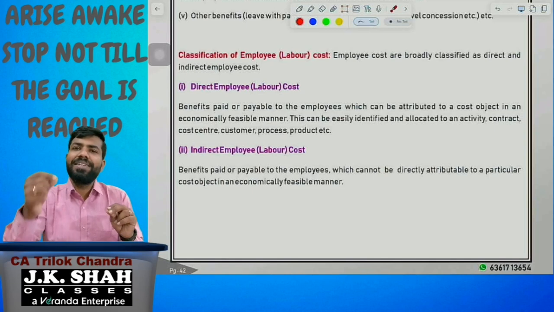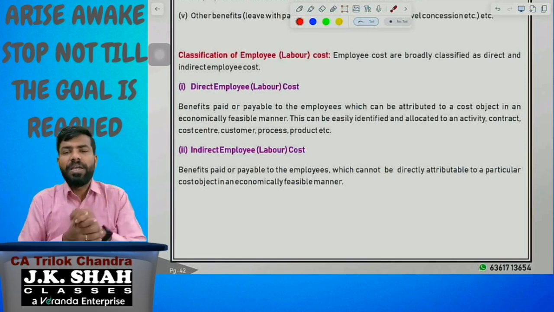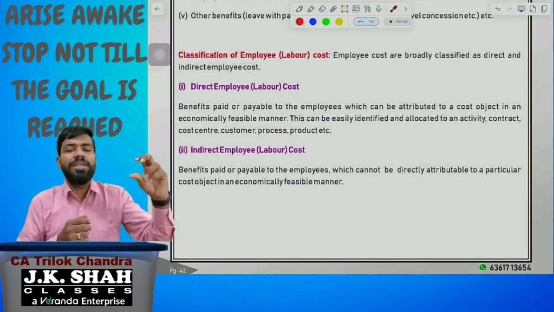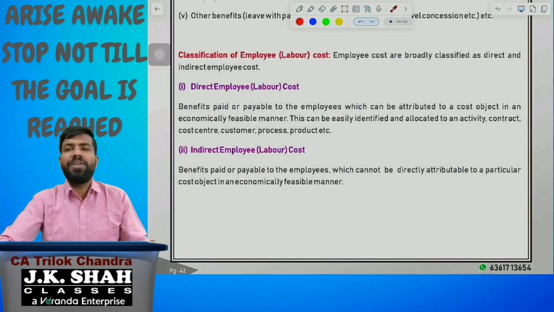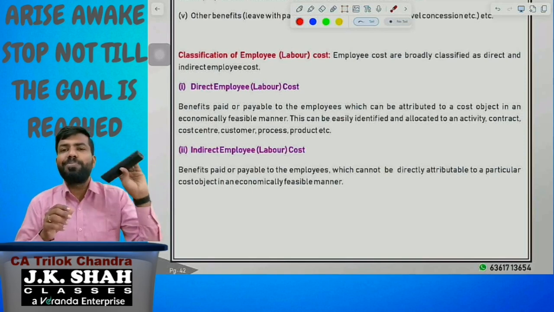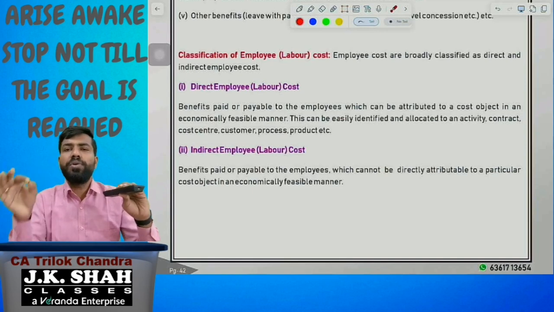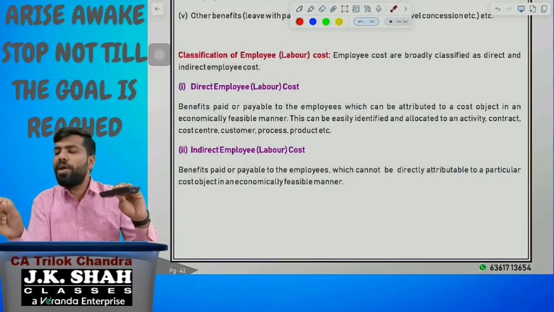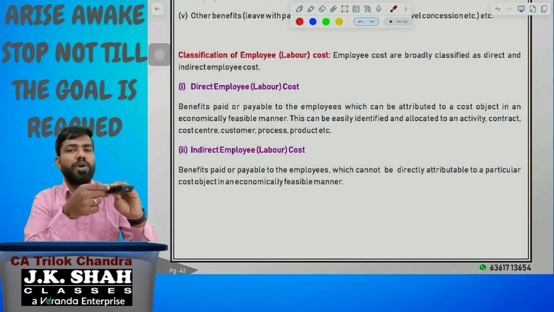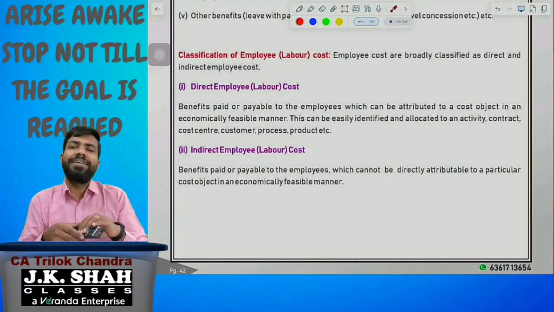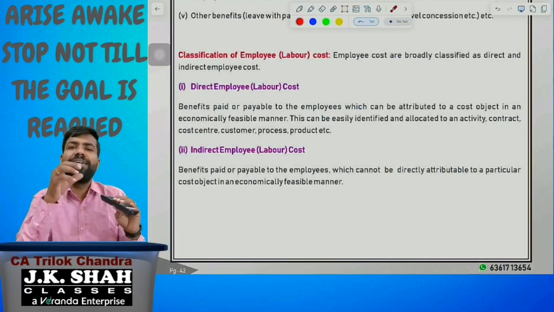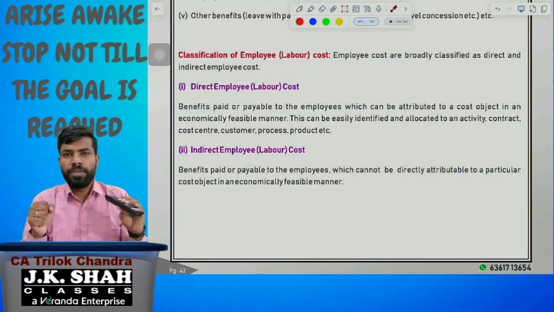Let me take an example. To manufacture this product, the employee spends 2 hours. Each hour we pay 8 rupees. 2 into 8, 16 rupees. That means the employee cost can be traced to this product directly. That kind of expense we book as direct employee cost.